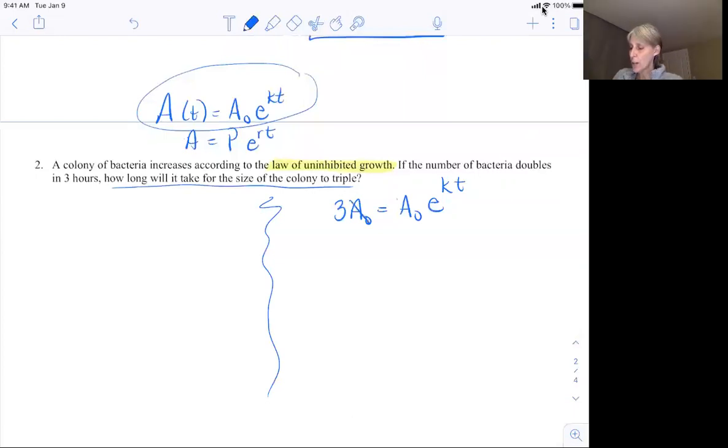If we were to solve that, we've got two variables up in that power. In order to figure out what k is, we have to use the information they gave us here: the number of bacteria doubles. So this is a two-part question. We first have to find k.